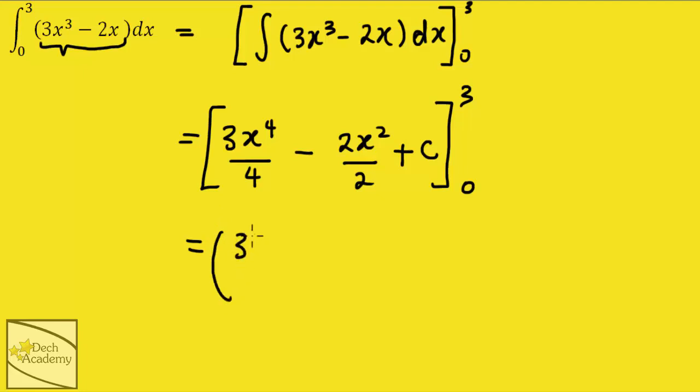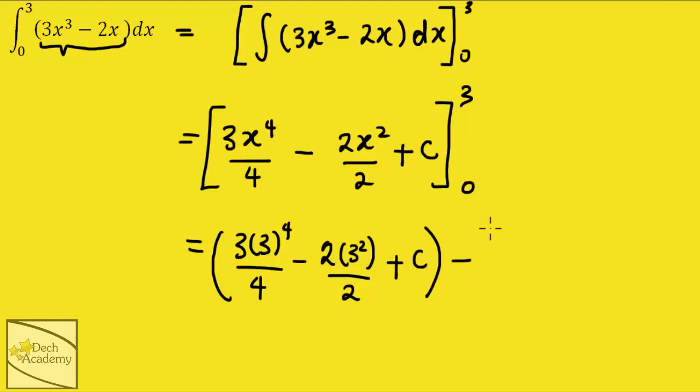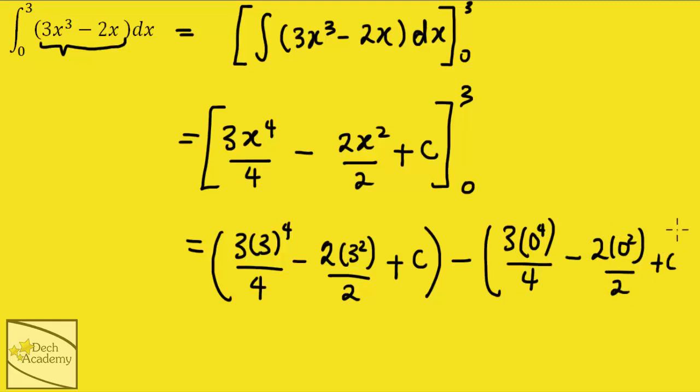So that gives 3 times 3 to the 4 divided by 4 minus 2 times 3 squared divided by 2 plus the arbitrary constant, minus 3 times 0 to the 4 divided by 4 minus 2 times 0 to the 2 divided by 2 plus an arbitrary constant.